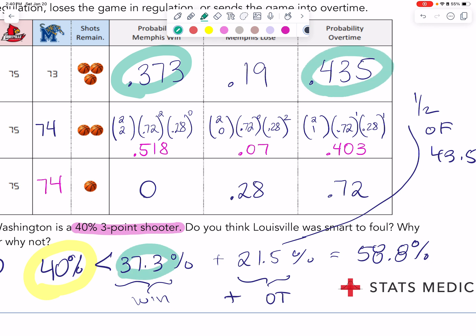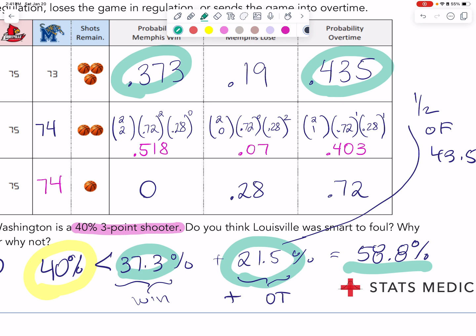And what I did is I said, okay, let's pretend that he had a 50-50 chance to win overtime. So even half of 43.5% to win, plus the 37.3% chance to win outright, is way more than the 40% to win in the first place.